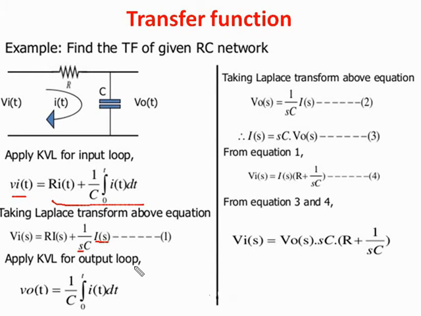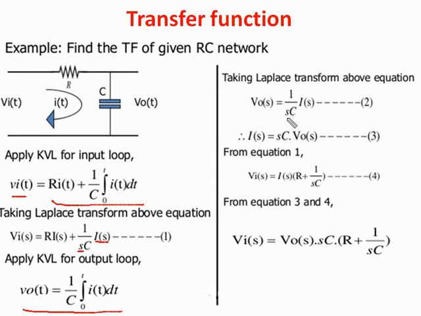Apply KVL for the output loop. The output is Vo(t), which is the voltage across the capacitance, defined as 1/C integral from 0 to t of i(t) dt.